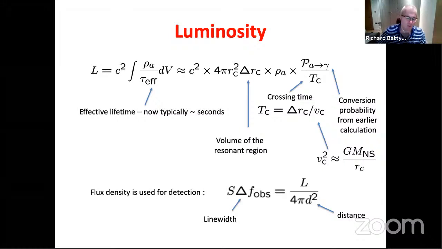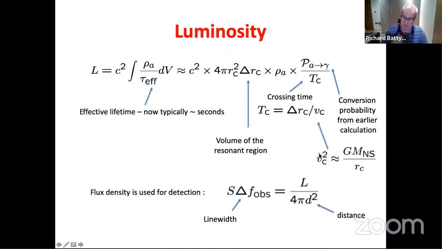And although it's a very small region of the universe, you can get sufficient transformation of axions into photons. We estimate this by the volume of the resonant region, the density of axions there, the transition probability calculated from the axion-electron dynamics, the crossing time, and the speed with which the axions are moving there.